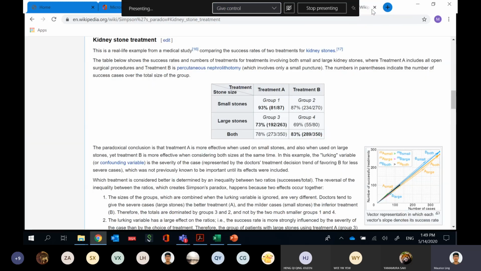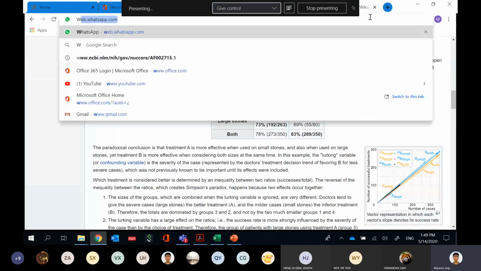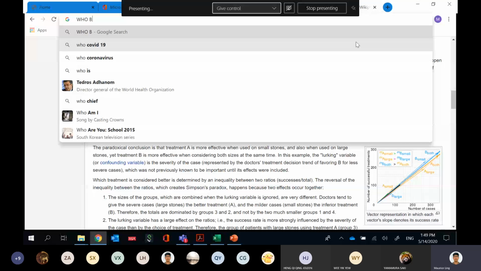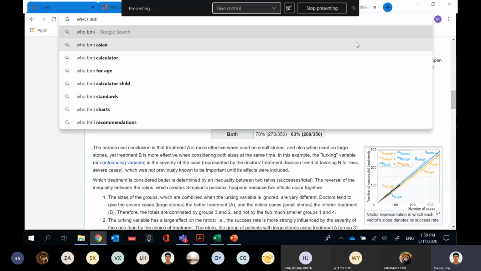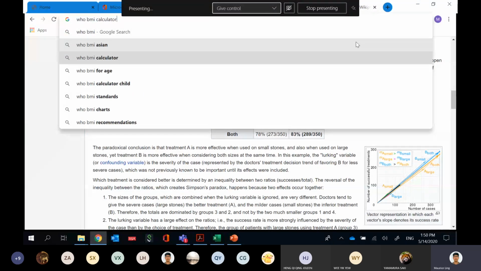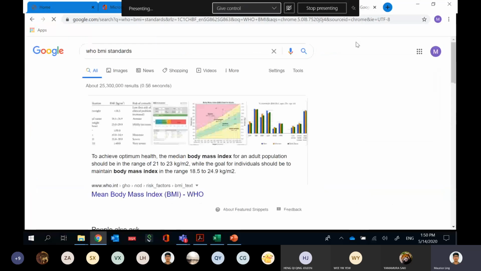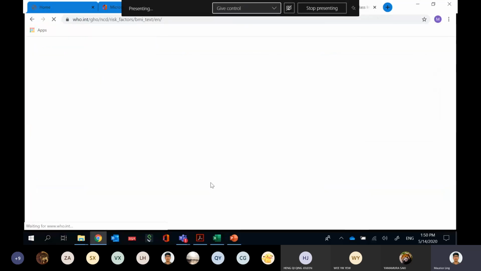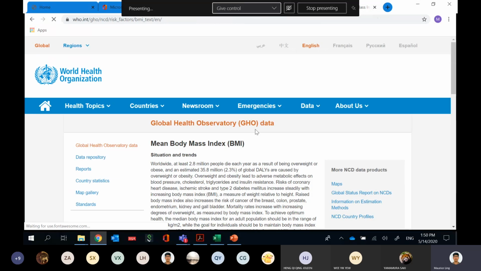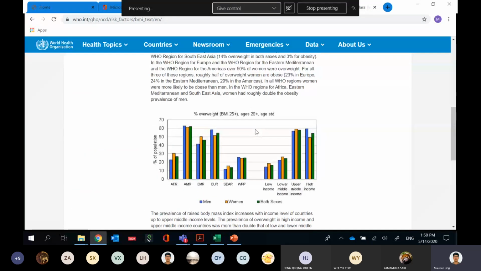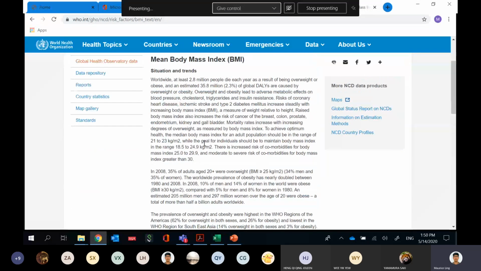WHO on BMI standards. I'm not sure whether you call it standards or not. Let's try. It can be quite interesting. Just by looking at it, it tells you a lot of information.